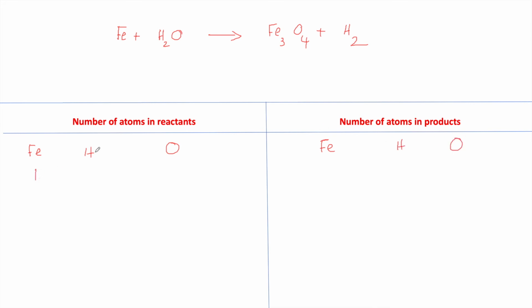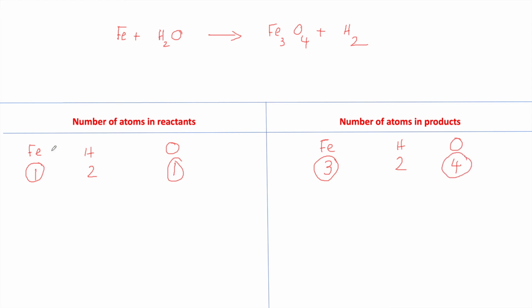Iron, it's 1 here, hydrogen, it's 2 here, oxygen, it's 1 here. And here iron is 3, oxygen is 4 and hydrogen is 2. Hydrogen is balanced, but the iron and oxygen, it's not balanced.